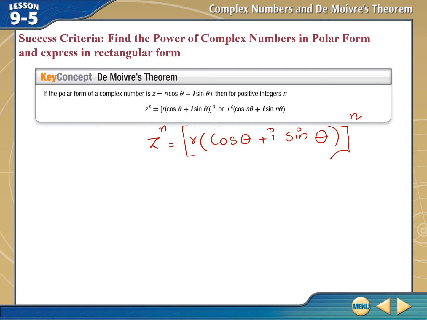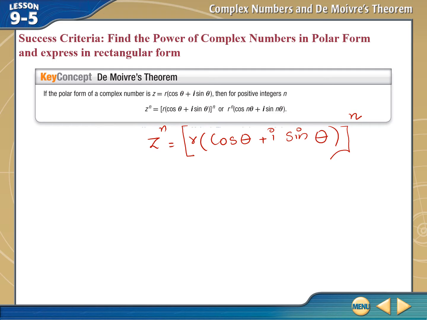Now applying the product rule, meaning if we multiply two complex numbers, what do we get? Let's suppose we multiply this whole number with itself, so we have to multiply r cos theta plus i sin theta times r cos theta plus i sin theta, 2 times.